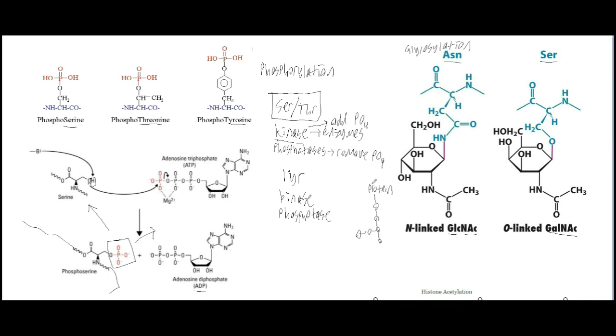So you can have multiple sorts of chain branching coming off of here. And so this is glycosylation, and this is not uncommon in proteins. We can have these different types of glycosylations to serines and asparagines and things like that.